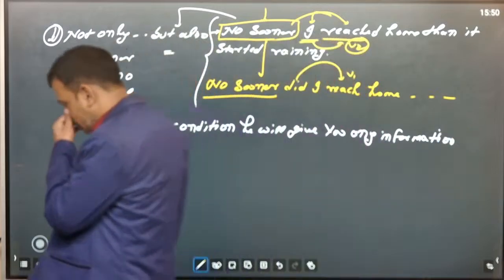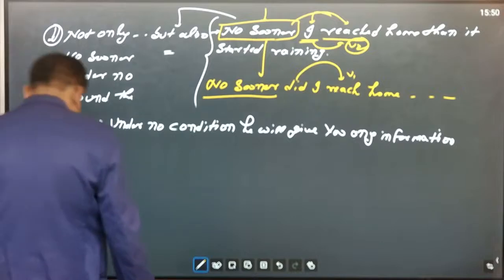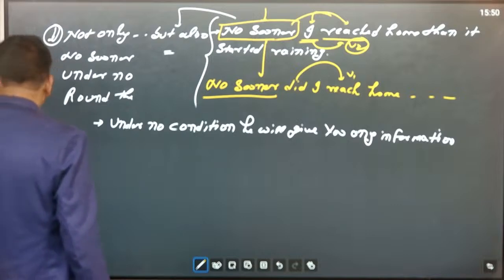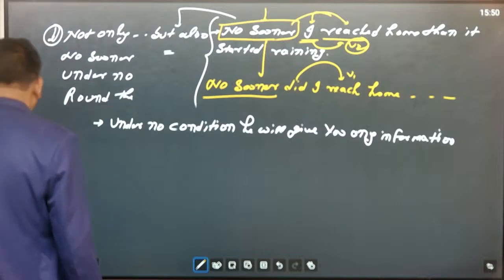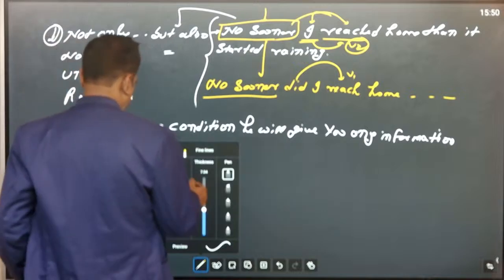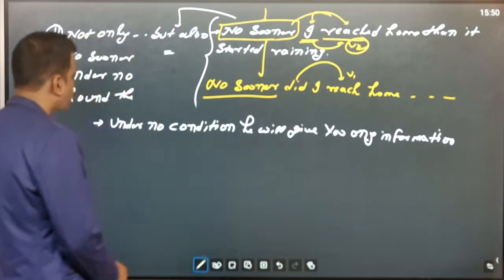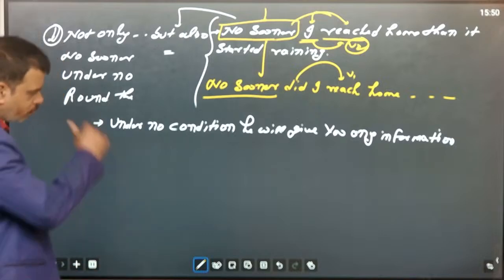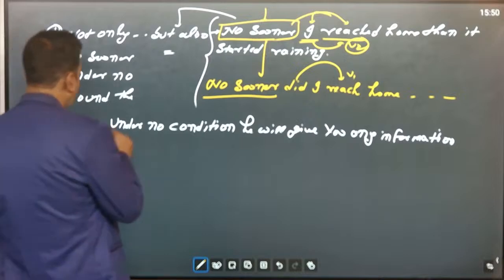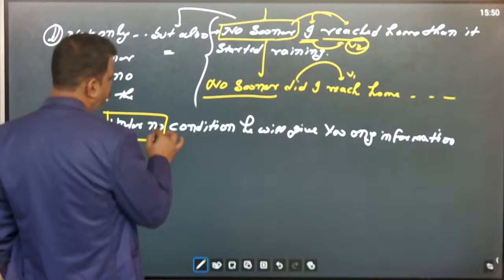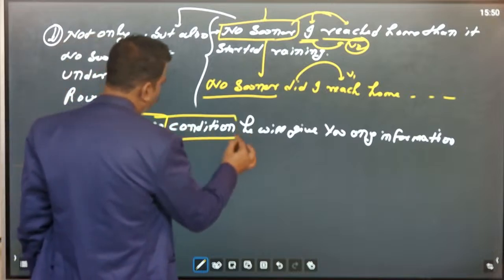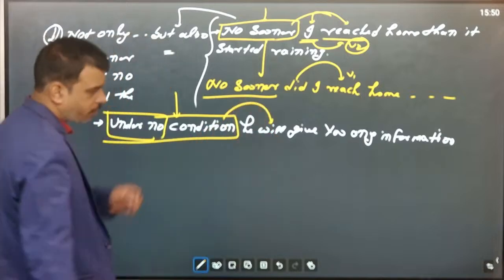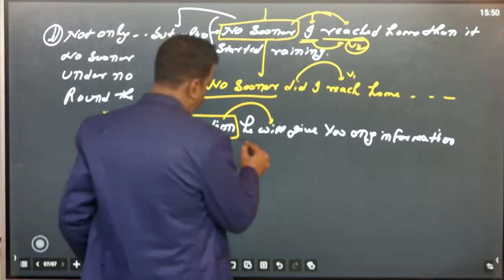Under no condition he will give you any information. Okay, so under no is also a word that is acting like an adverb. So under no condition is the entire phrase that is acting like an adverb and it is claiming over the verb will give, and obviously he is the subject that is also claiming over verb.